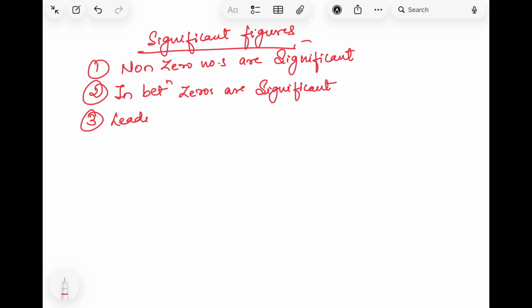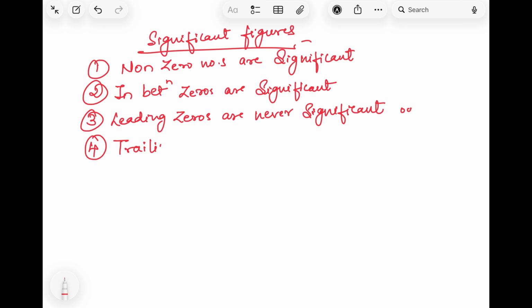Then leading zeros are never significant. That means the zeros before any number, where there are no non-zero numbers and the number starts with 0, 0, 0, 0. So those leading zeros are not significant, and trailing zeros are sometimes significant.